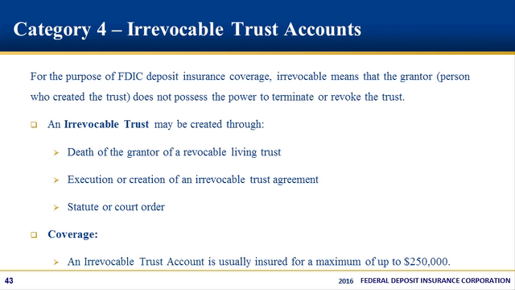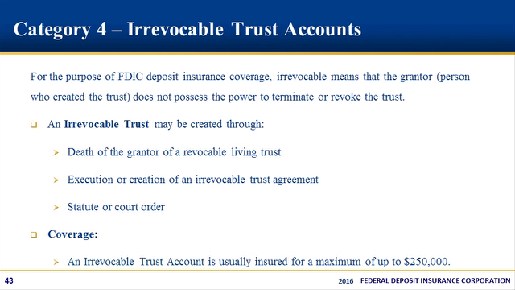Next, we will discuss our 4th category available to individual depositors, irrevocable trust accounts. So, what does irrevocable mean? For the purpose of applying FDIC deposit insurance rules, irrevocable means that the grantor, in other words, the person who created the trust, does not possess the power to terminate or revoke the trust agreement.